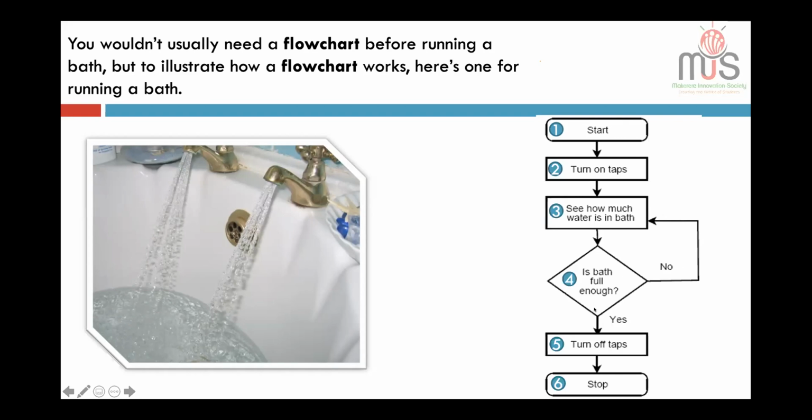But if it is full enough, then I turn off the taps and I stop the program. Haven't we used an algorithm? Haven't we used a flowchart? Can you make a flowchart for your real life at home? This shape here can be a circular shape or just a rectangle with curves at the edges, and this is used to start the program.